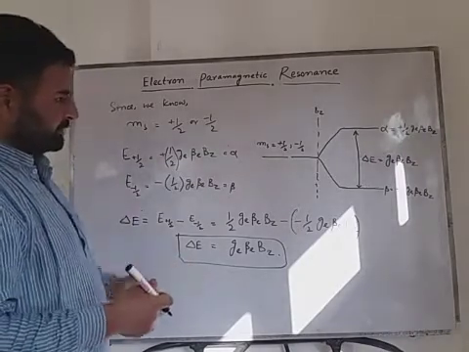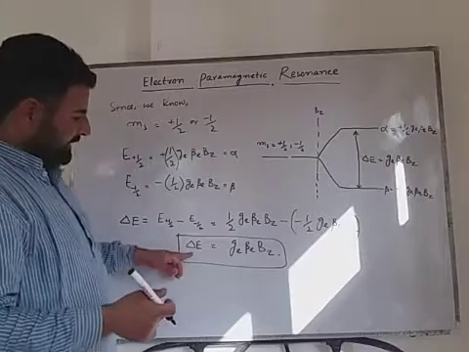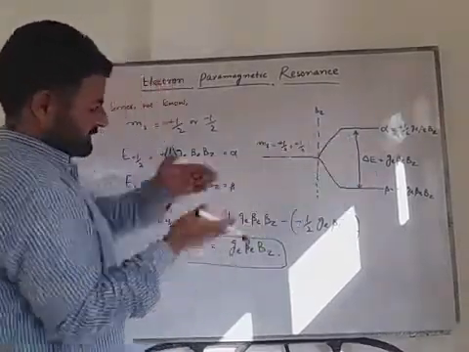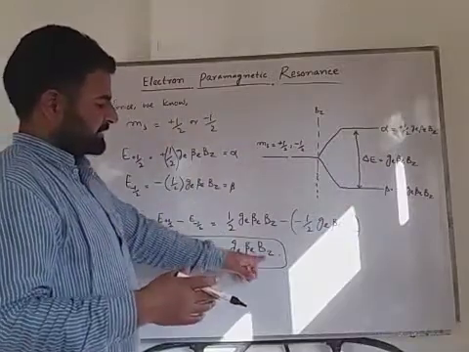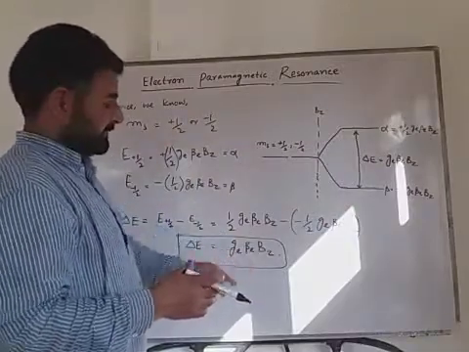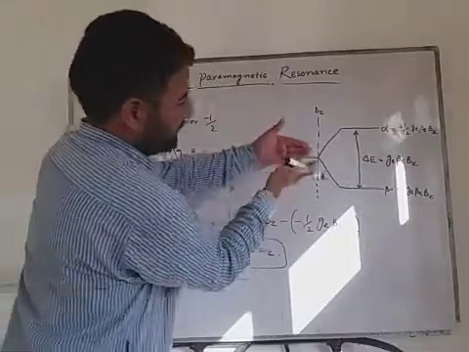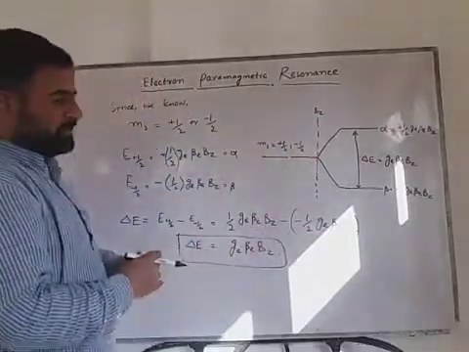So as you can see from here, the change in energy levels, that means the splitting in the energy levels, is directly proportional to the external magnetic field. That means if we increase the external magnetic field, the delta E will be higher.